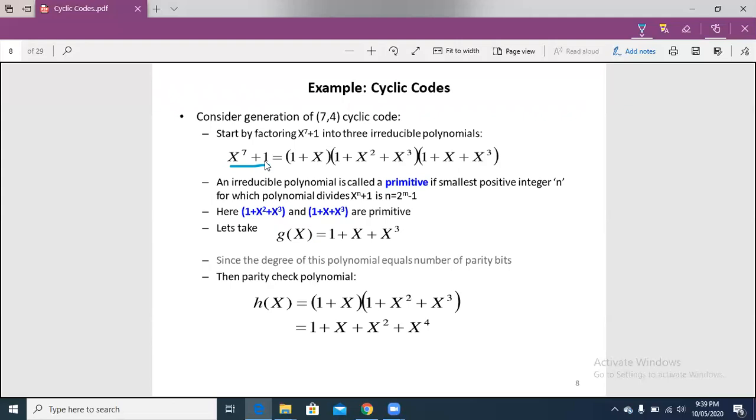Instead, we use the generator polynomial. Actually, we factorize x7 plus 1 in this form, and we choose any irreducible polynomial which is primitive.